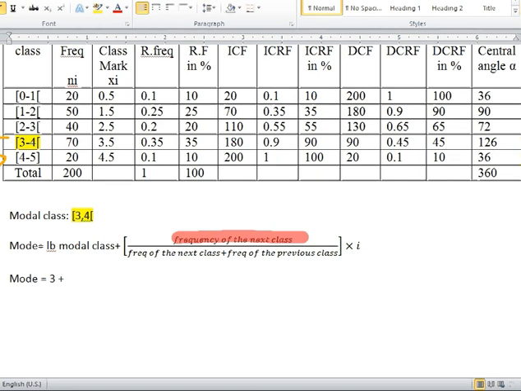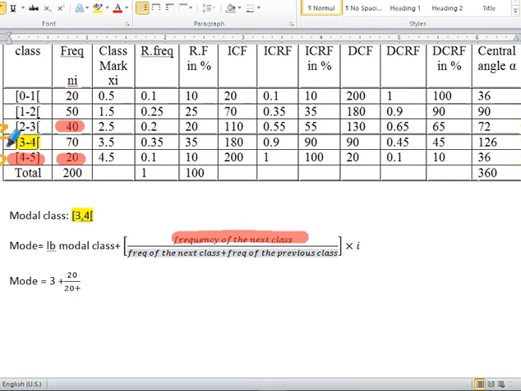The frequency of this class is 20, so plus 20 over the frequency of the next class, which we already found, 20, plus the frequency of the previous class. You look at the modal class and find the frequency of the class before it. The previous class was 2-3, and its frequency is 40.